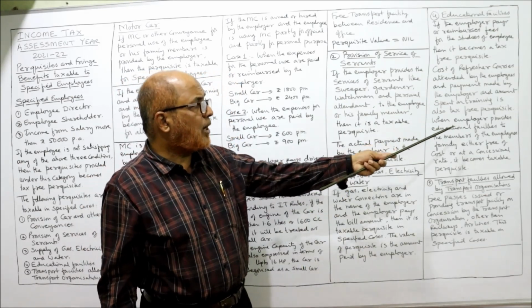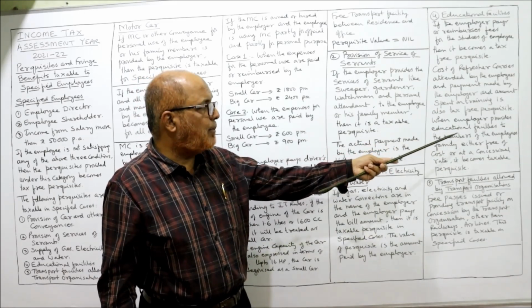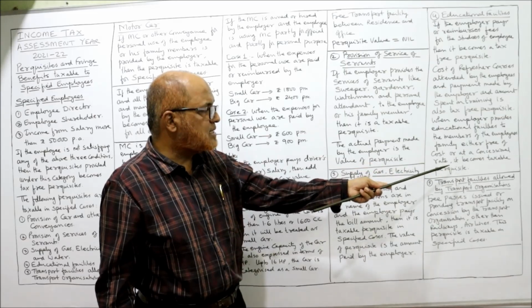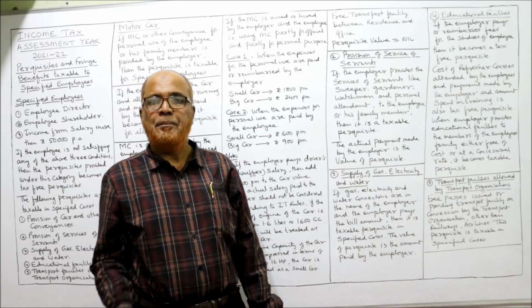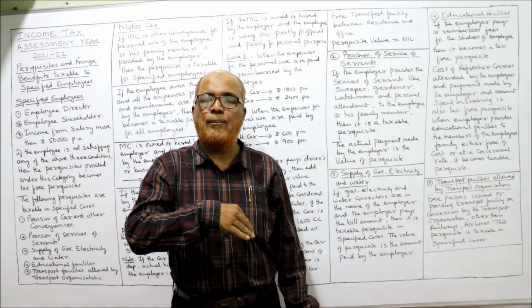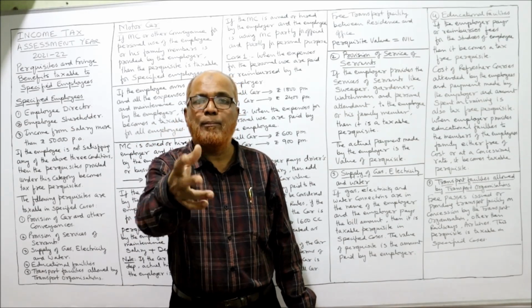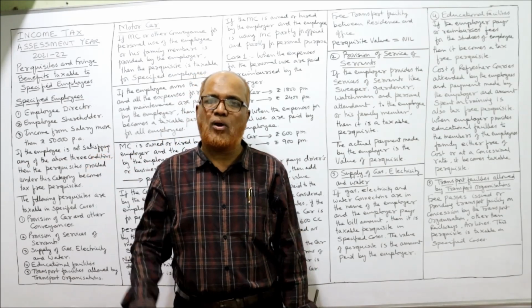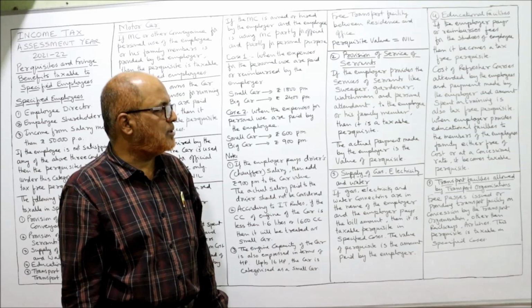Then, when the employer provides educational facilities to the members of the family, employee's family, either free of cost or at concessional rate, it becomes taxable. Educational facilities are provided by the employer to the family members of the employee. Then it is a taxable perquisite for specified employees.